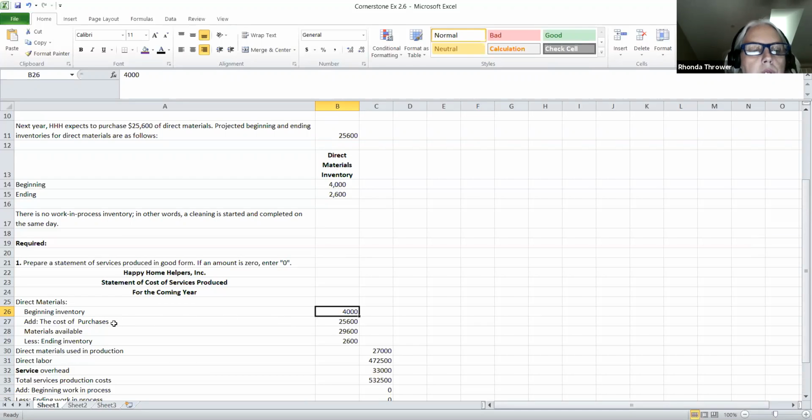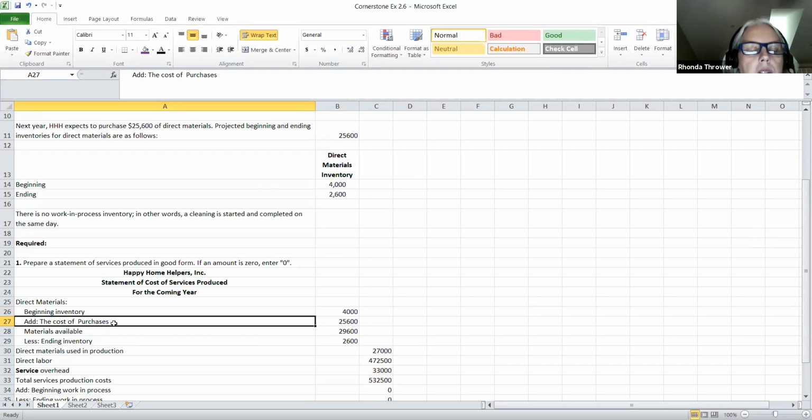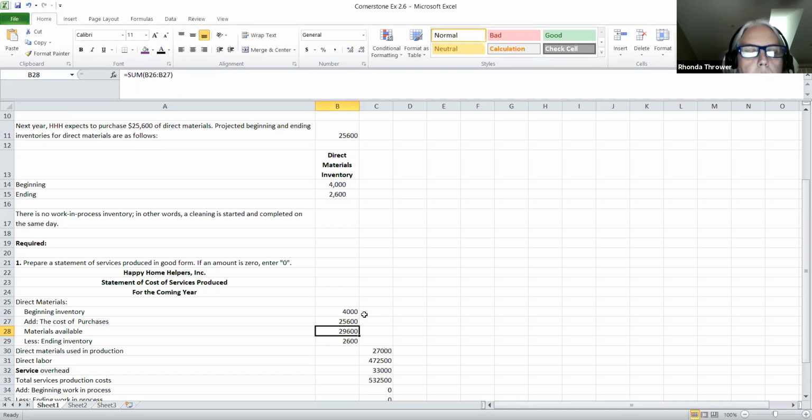To that, we're going to add the cost of the purchases of the materials, which was given at $25,600. Then you simply combine the beginning inventory and the cost of the purchases together to get the materials that you have available to provide for your services of this company.